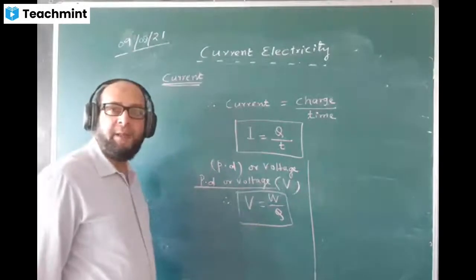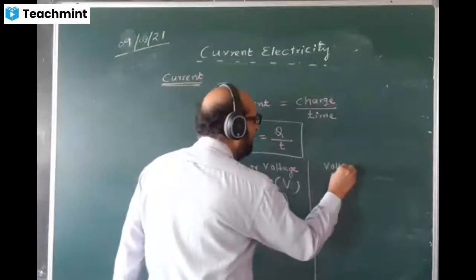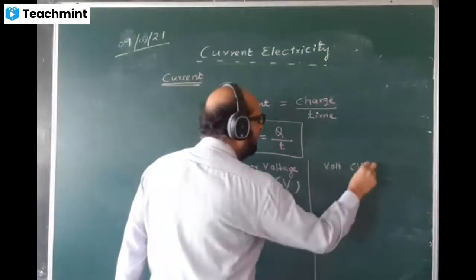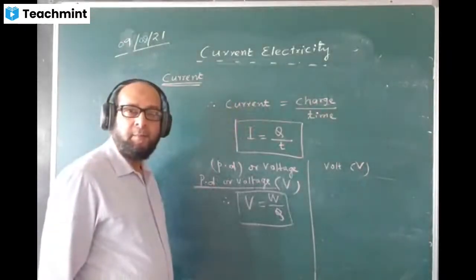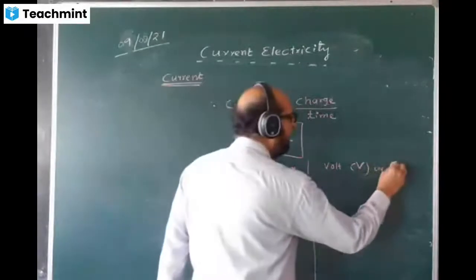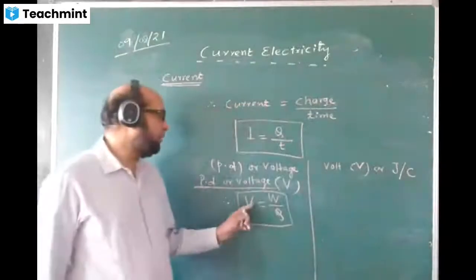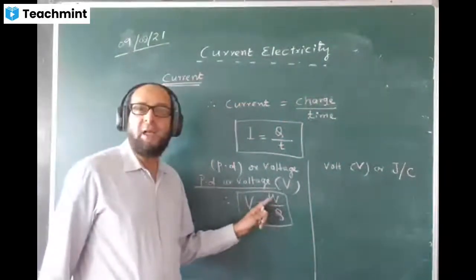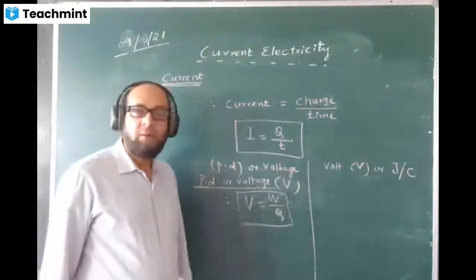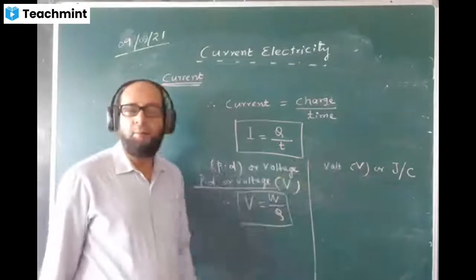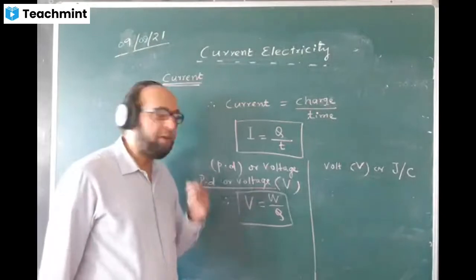The SI unit of PD is volts, denoted by capital V, which is the same as joule per coulomb. You can see the equation which I have given: V is equal to W by Q. What is the SI unit of W? W means work, joule, and the SI unit of charge is coulomb. So it works out to be joule per coulomb. This is the SI unit of voltage or potential difference.